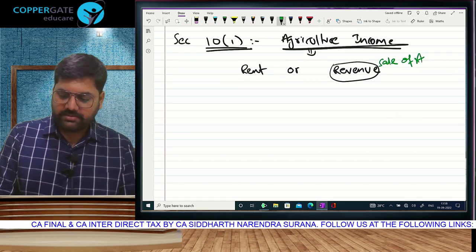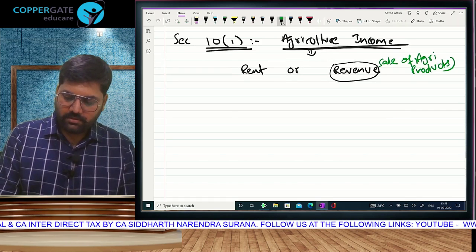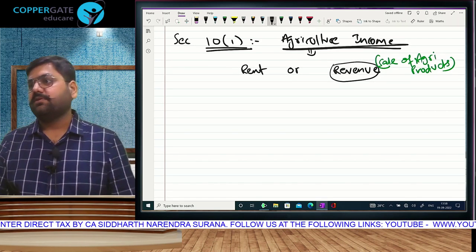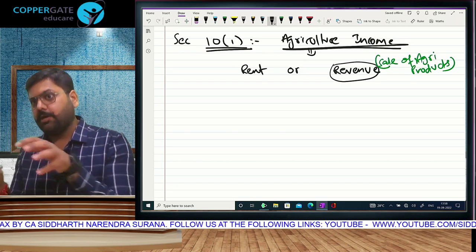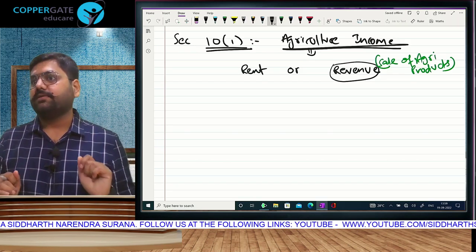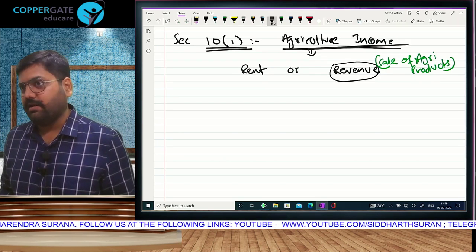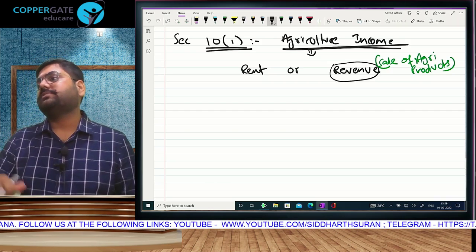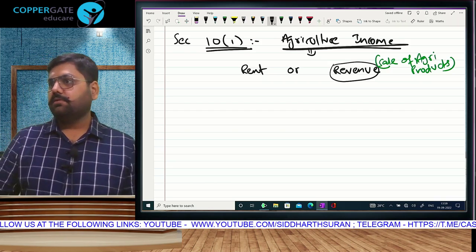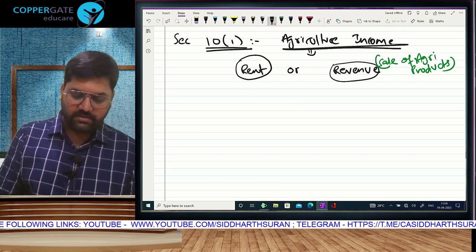Can I say sale of agricultural products is that which falls in exemption? Means, can I say any farmer who is selling the things that he has grown on land, the profit that he is earning does not have to pay tax? Sir, right, that is only agriculture. What was the need to tell this? But this first line has given us one more word, one more income, and that is this second word, rent.